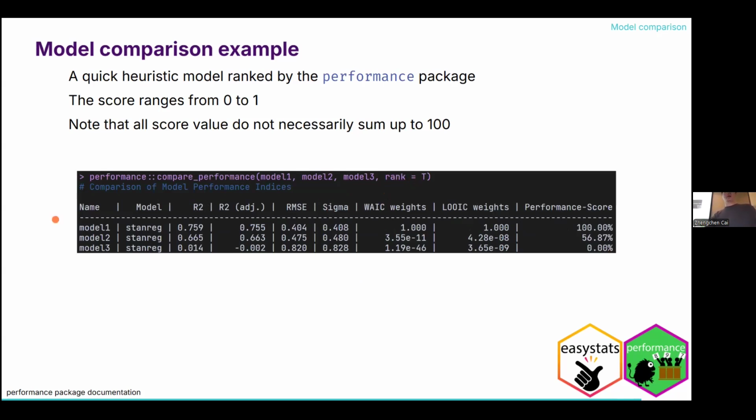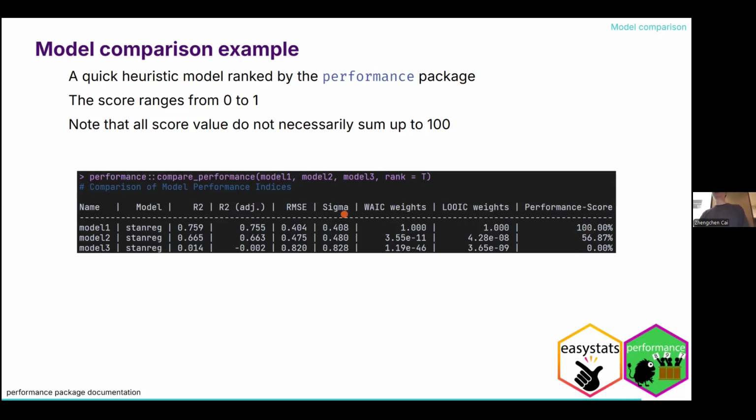So it will rank all the models and put the best performance on top. Of course, this ranking is considering all the metrics we listed here, right? And it will give you a normalized score. For the top one, it will be 100%, and then the second one will be lower and lower, but they don't sum up to 100. It's just the top one has 100.